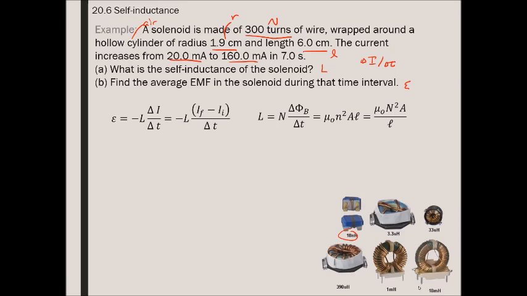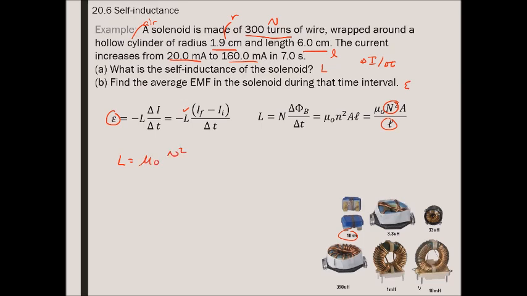The inductance we're going to get from this formula, because we have the length and we have the N. We can't use the other one because we're trying to find the EMF, so we need L before we get to the EMF.